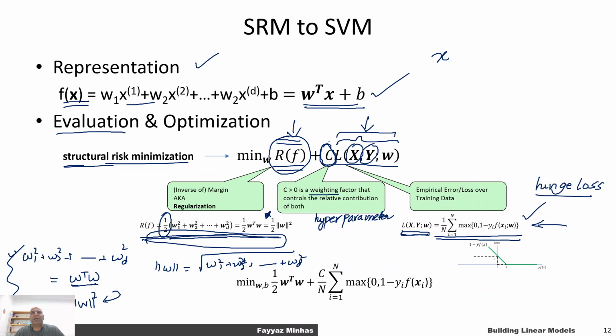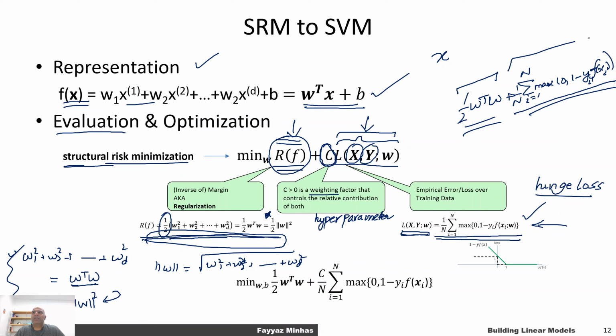Let's say you set this equal to 1, then this equation becomes 1/2 w transpose w plus the summation 1 over N of this loss function, which is max of 0, 1 minus y_i f(x_i), with i equal to 1 to N. So this is the average error as measured using hinge loss. This is the regularization term. And we are weighing these two terms equally in the minimization.